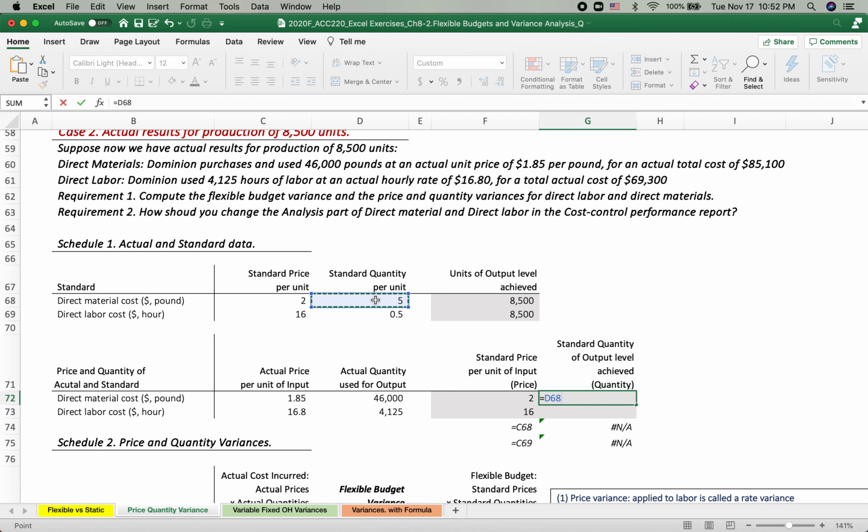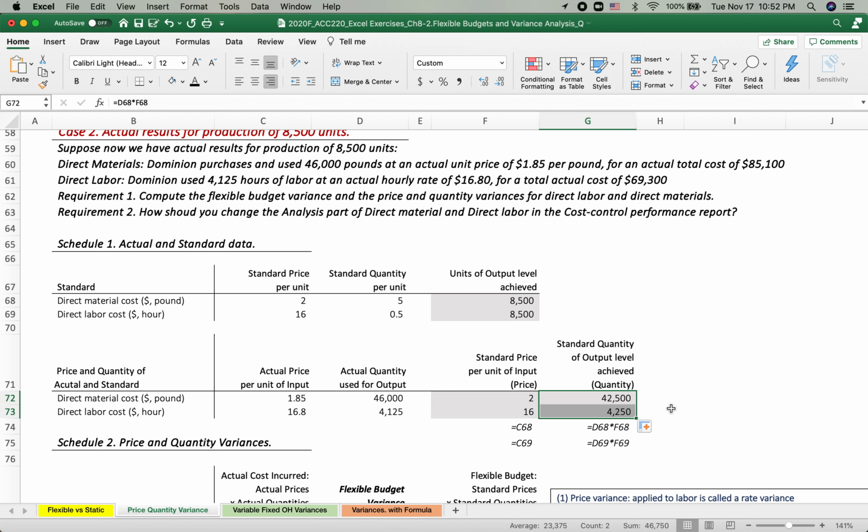I'm sorry, 5 pounds per unit, and then the company produced 8,500 units. So 5 times 8,500. The same way, we got 4,250 for the direct labor cost.